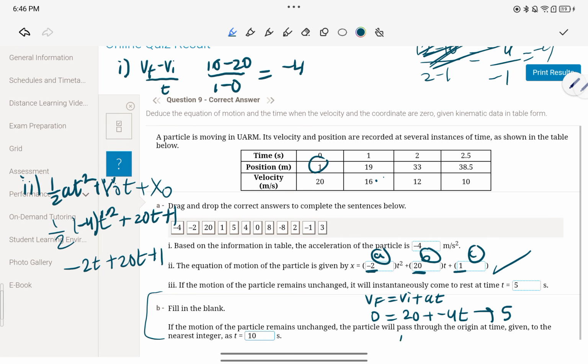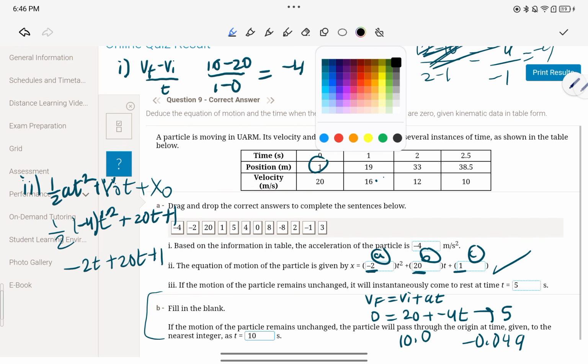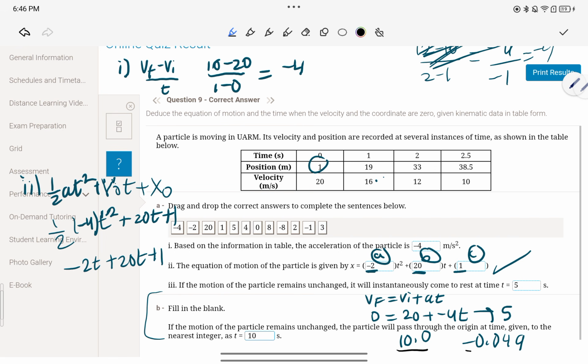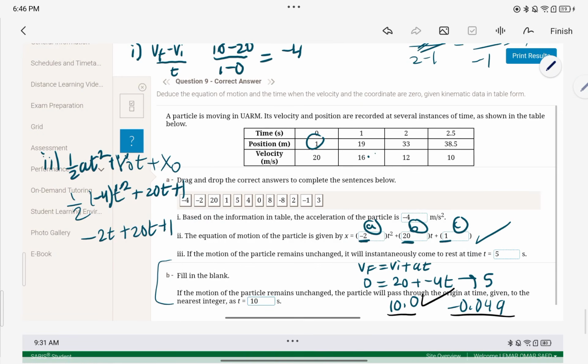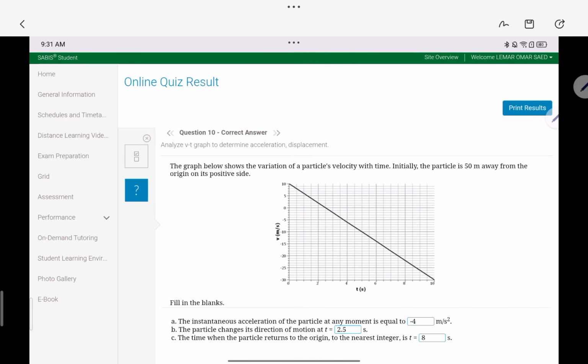You will get 10.0 and you will get -0.049. You look at it and see which one is larger. 10 is larger than -0.049, of course. So you use the largest one. This is almost the same thing as the one before.